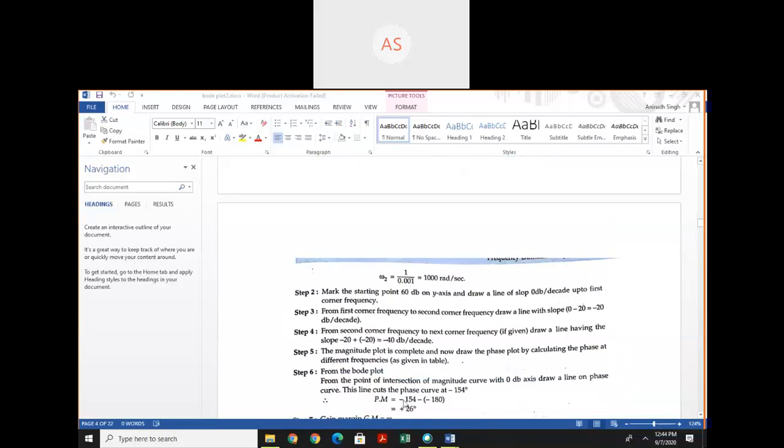At that point, phase angle is minus 154, and the final angle is minus 154 minus 180 degrees, which means phase margin is 26 degrees.